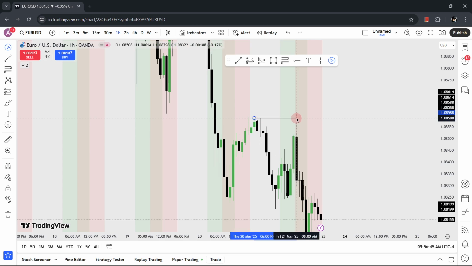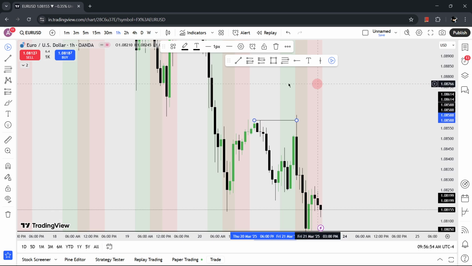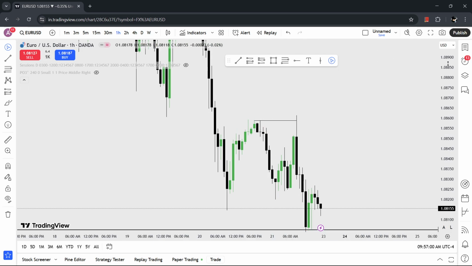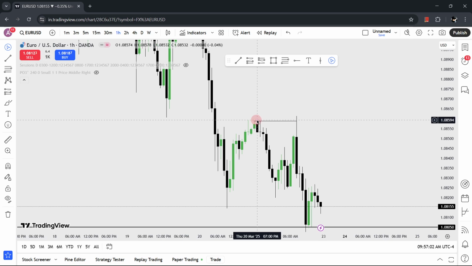This was the Asian high of Friday. If you look closely, removing the indicator, you will see that this high was taken on your session.